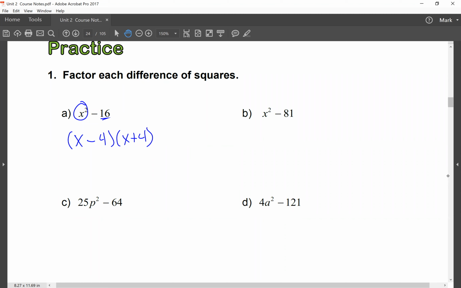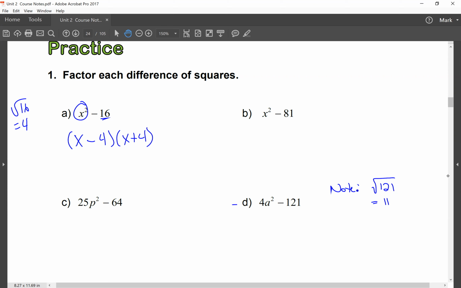Okay, what about something a little harder like question D? Well, I already told you about 121, one of my favorite numbers. The square root of 121 is 11. If you're wondering where I'm getting some of these numbers, like where did the 4 come from? The square root of 16 is 4. And you can do that on your calculator. If it's not something you can do in your head, there is a square root button on every calculator.